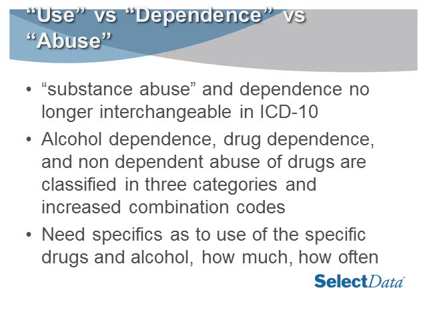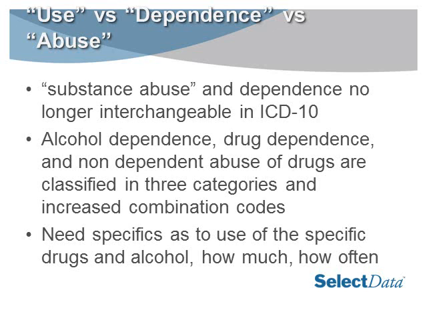One of the big changes in working with dual diagnosis, alcohol and drug dependence, use, and substance abuse are just that. No longer can the terms use, dependence, and abuse, which frequently have been used interchangeably, be used that way.